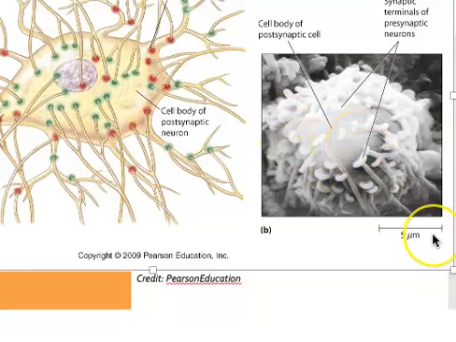The presynaptic cell has to integrate a lot of information and send that information to the postsynaptic cell. But there's not one presynaptic neuron. There are many presynaptic neurons. This is a very, very complex system of input and output.